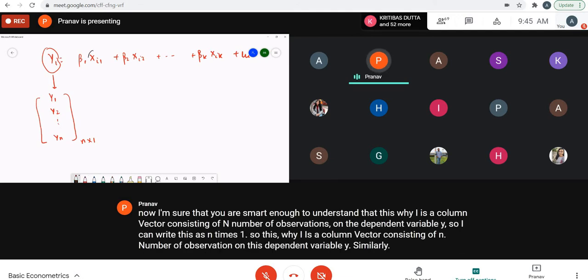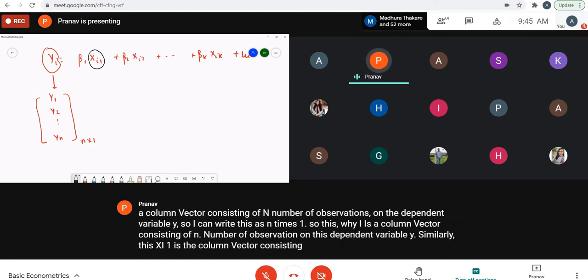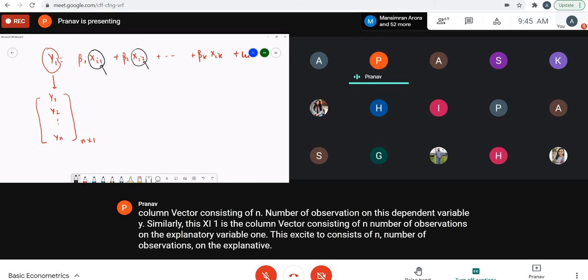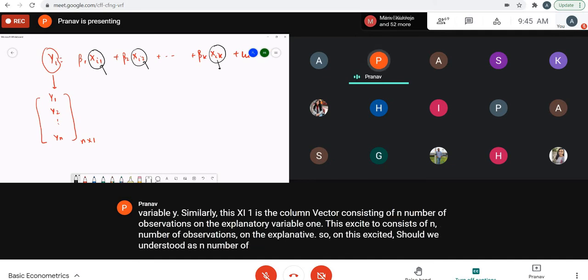Similarly, this xi1 is the column vector consisting of n number of observations on the explanatory variable 1. This xi2 consists of n number of observations on the explanatory variable 2. So on, this xik should be understood as n number of observations on the explanatory variable xk.